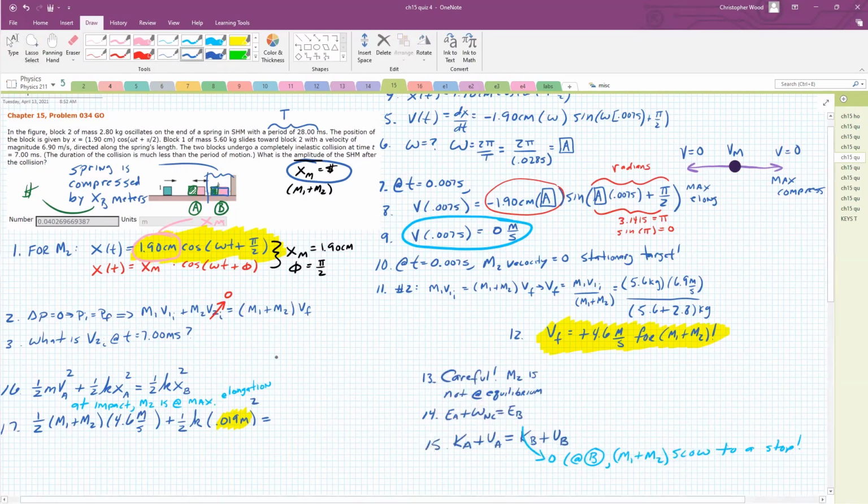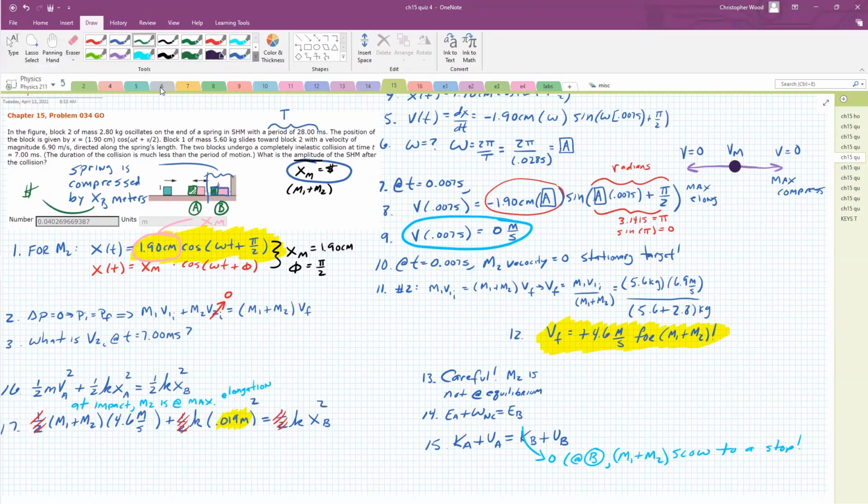The right side is 1/2 k xb squared, and there's your dollar sign. So some low-hanging fruit. We can cancel out the 1/2s. You know everything else. Solve for xb. That will be the maximum compression, and that corresponds to amplitude.